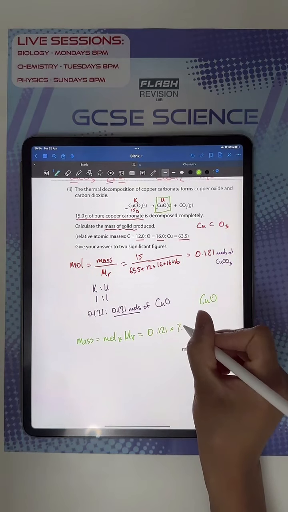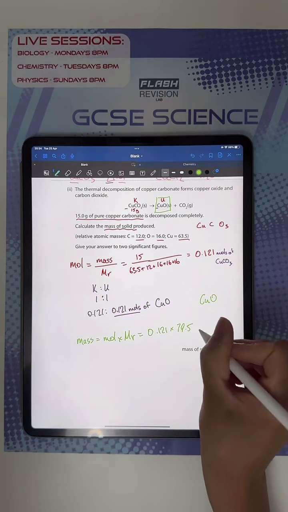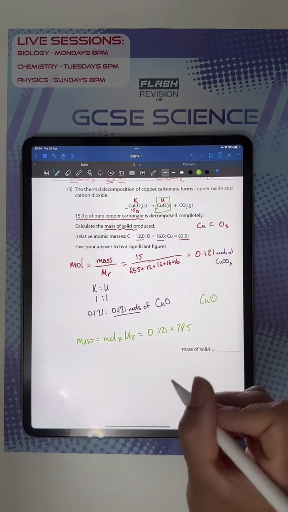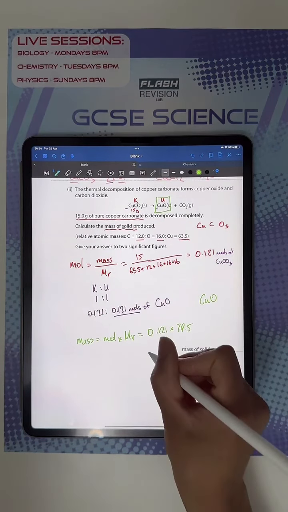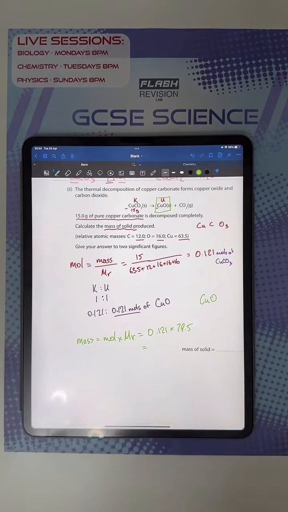79.5. So that's not the final answer. 79.5 is the MR. So now we just need to do 0.121 times 79.5. What does that give us?